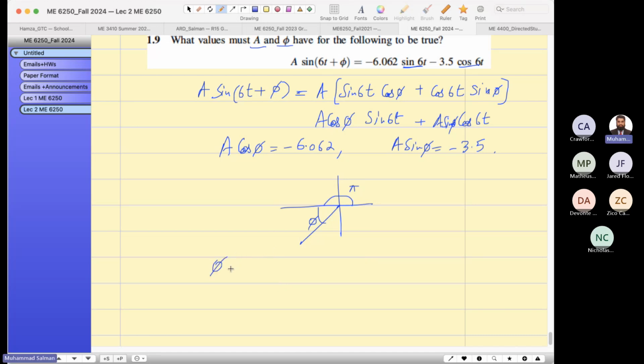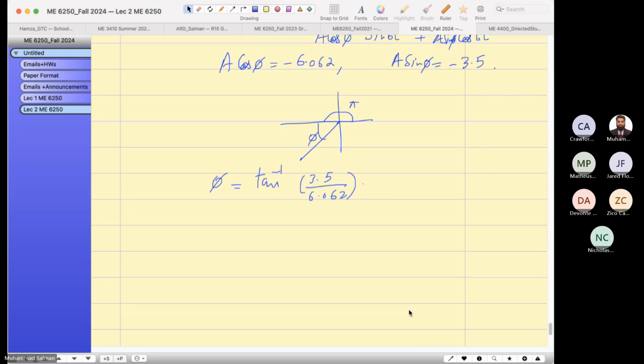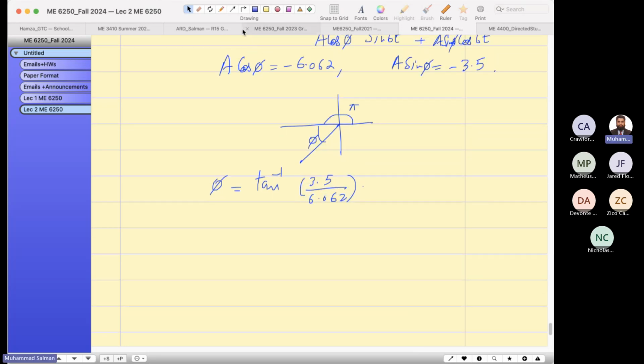So I will say phi is equal to tangent inverse of 3.5 over 6.062. And if you want to find out the total angle, you will add this. Yes, this is total phi. I will say this is what we call angle phi. Let me check.